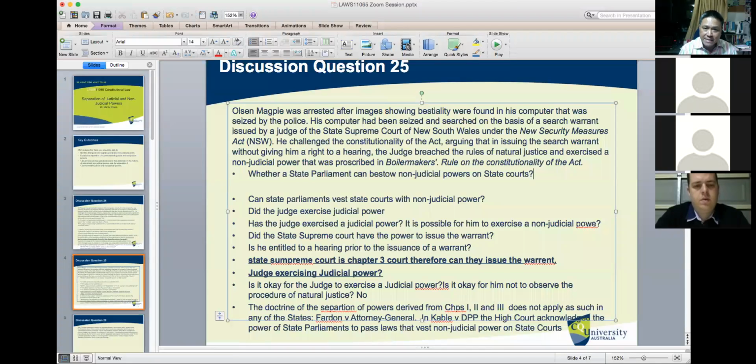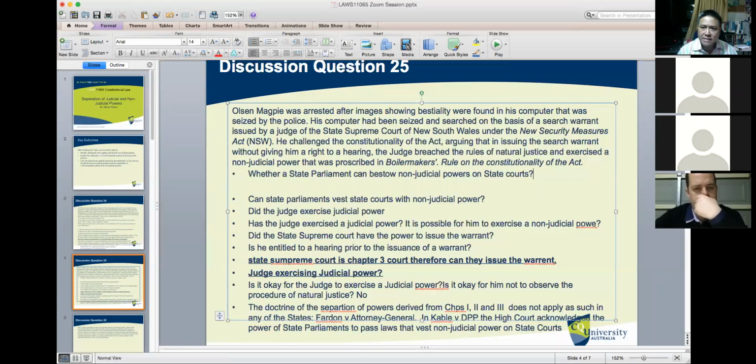Let me repeat, as a basic principle, at the level of states, because of the principle of state parliamentary supremacy, state courts do not have any power to declare state legislation as being invalid. They can be declared unconstitutional, however, if legislation would contravene the Constitution. That would be the Commonwealth Constitution. That would be the limitation there.